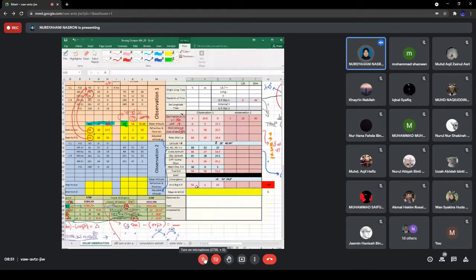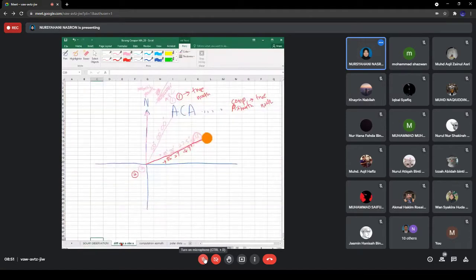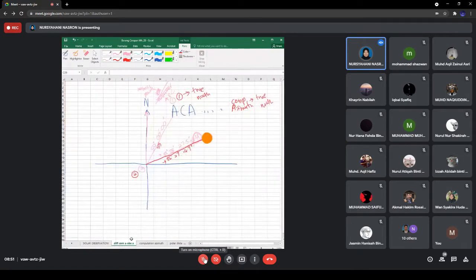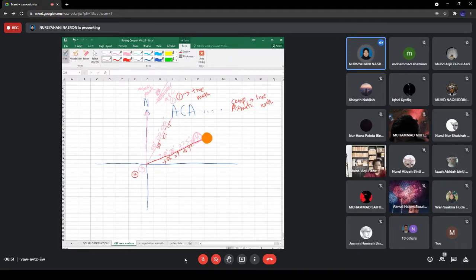That means there is 55, 1 minute 70. Okay, this is the true value ataupun true azimuth for station 2 and station 1.